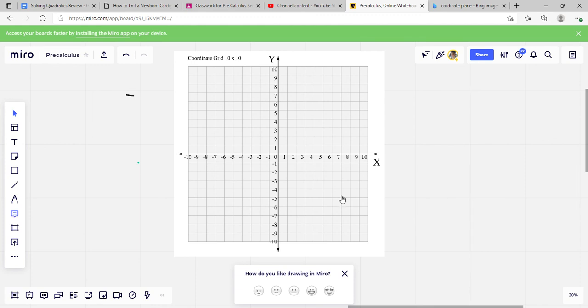Let's imagine that you had an absolute value problem where your vertex was at 3, 1, and it's facing up, right? That does not cross the x line. Imagine you had one that was at negative 2, negative 2, and it was facing down, right? That one's not going to cross the x line, okay? So it's not going to have any x-intercepts. So you got to be careful. Sometimes they don't have x-intercepts.